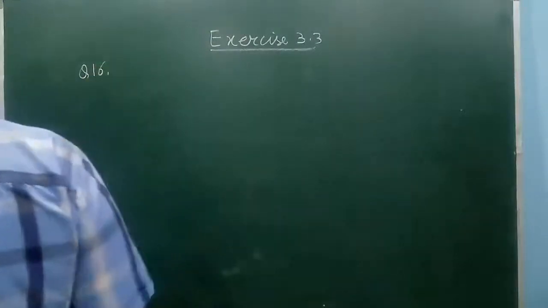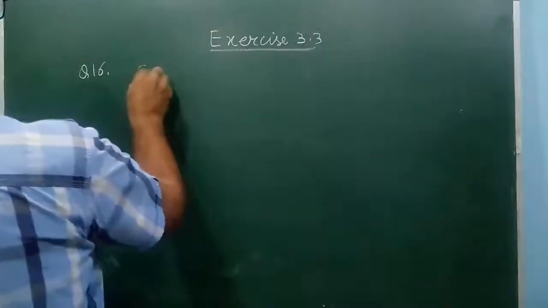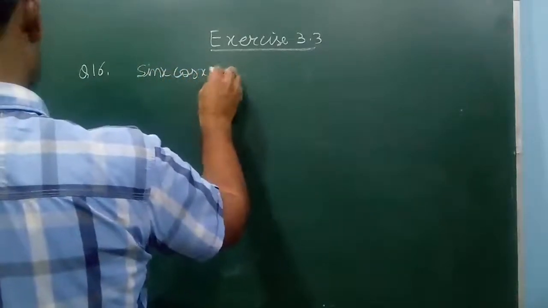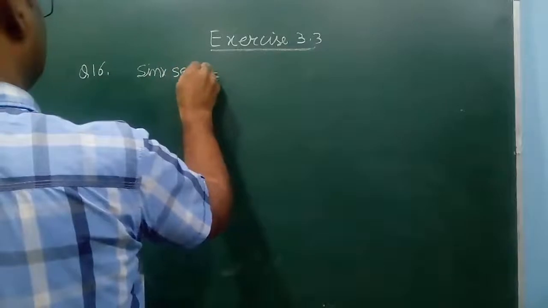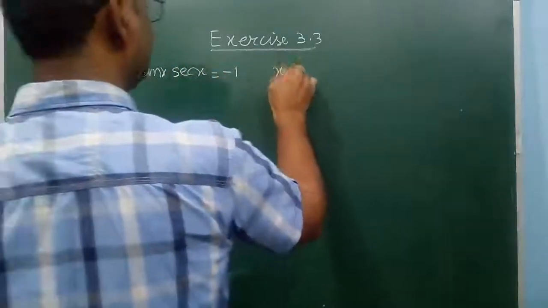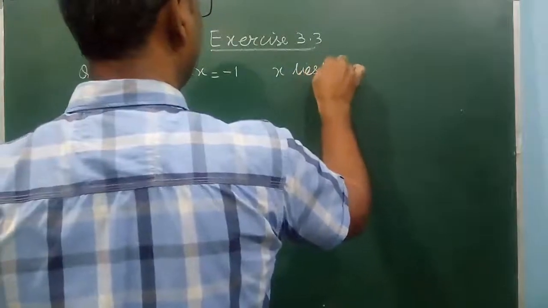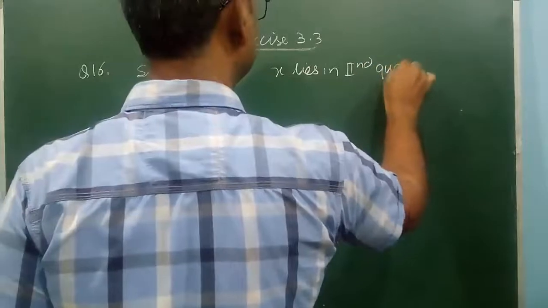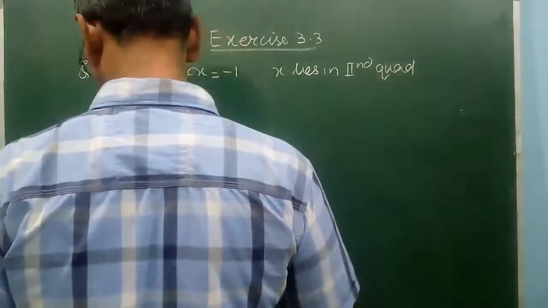Question number 16. It is given that sin x cos x equals sec x minus 1 and x lies in the second quadrant.